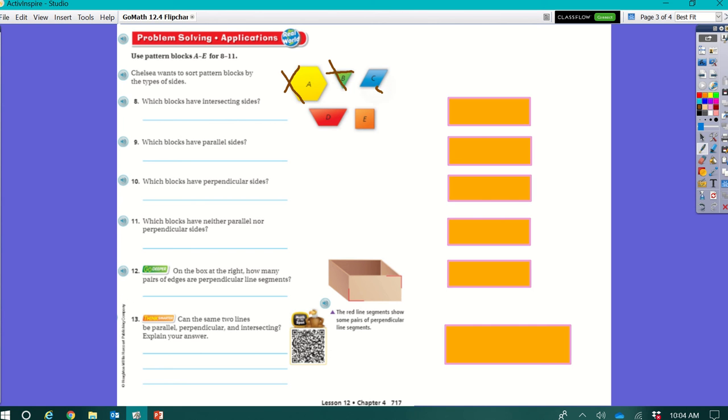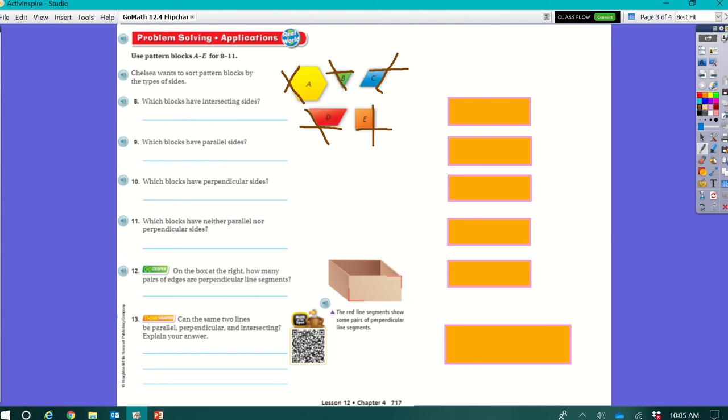So for C, I'm going to extend this line and this line, and I can see that they are intersecting. For D, again, pick 2 lines that come to a point or an angle and just extend them, and you can see that they're intersecting. And then the same thing for E. Again, pick 2 lines that touch and make an angle and extend them, and you can see that they're intersecting.